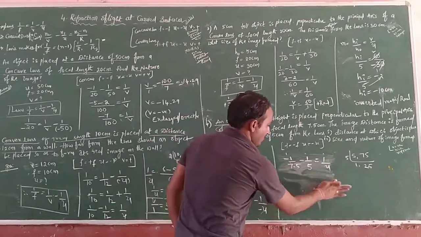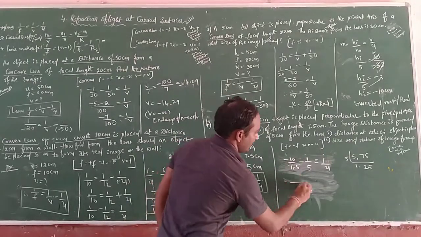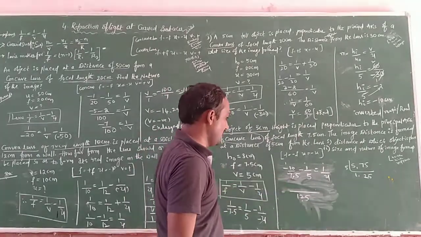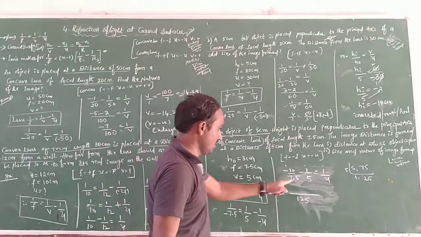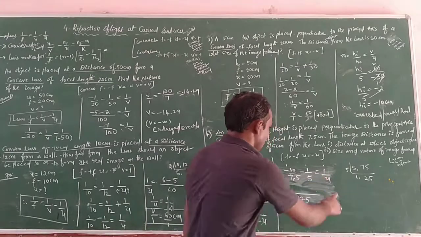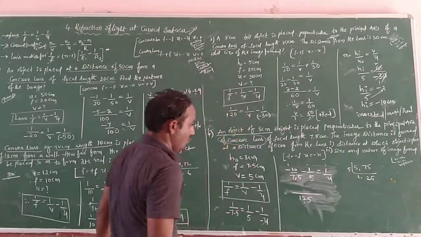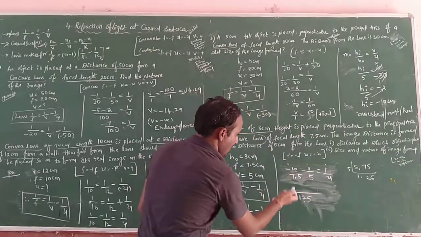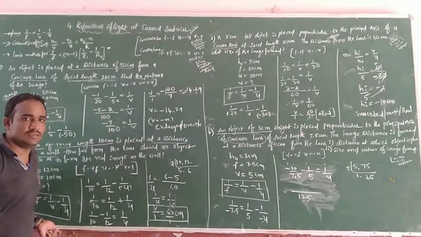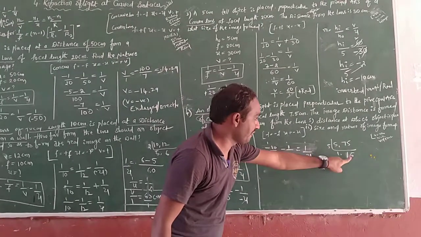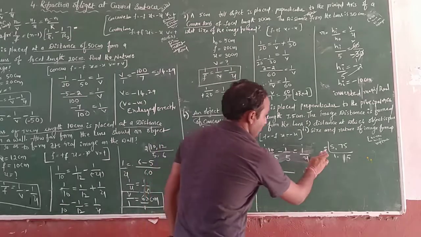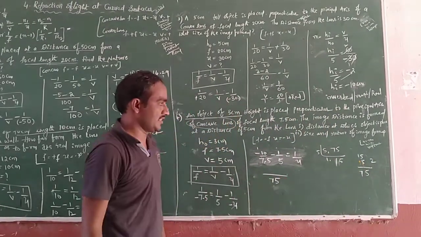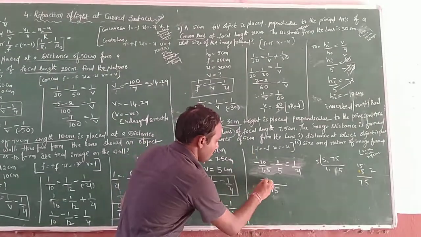The LCM of 7.5 and 5, we remove the decimal, is 75. 75 goes one time, so that is minus 10.